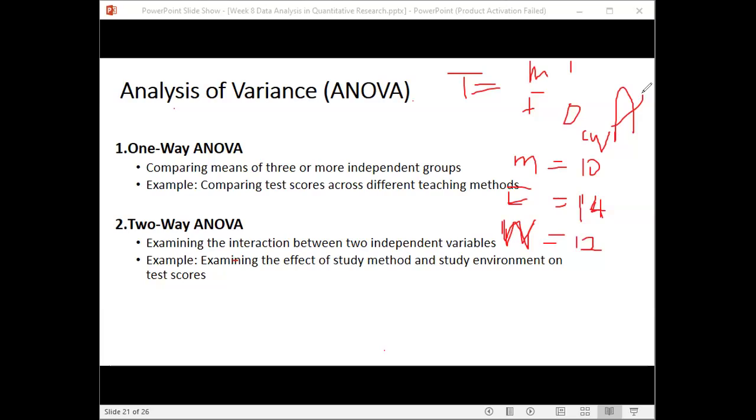Whenever the groups are more than 2, we use the ANOVA. That is why we use the ANOVA. So if it's just morning and evening, there are only 2, I can use the t-test. Evening and weekend, there are only 2, I can use the t-test. But the moment it becomes morning, evening, weekend, I have to use the ANOVA, because that is what can go beyond 2 groups. So we're comparing means of 3 or more groups, then we use the ANOVA, right? So we have two forms, a one-way ANOVA and then the two-way ANOVA, all right?